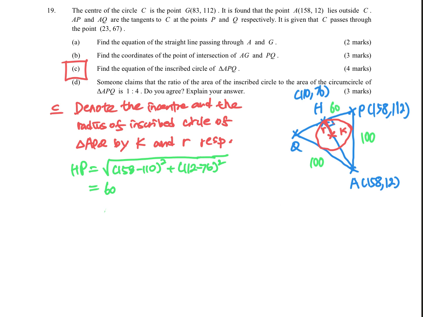So here we try to use the usual trick. So if HK is R, the incircle radius is R, we try to decompose the blue triangle APQ into 3 parts, with PQ as the base, AQ as the base, and AP as the base. Try to decompose that into 3 triangles, just like that, follow the yellow line.